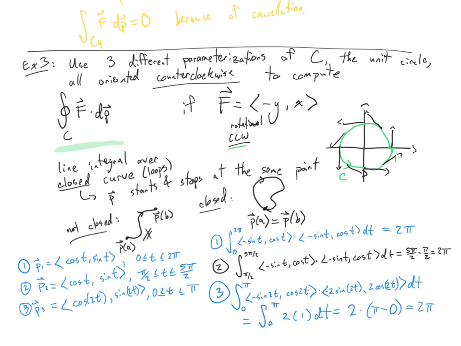So the thing to say here is that path integrals are in fact independent of the parameterization you pick. So it didn't matter whether we used 1, 2, or 3, we always got the same answer.